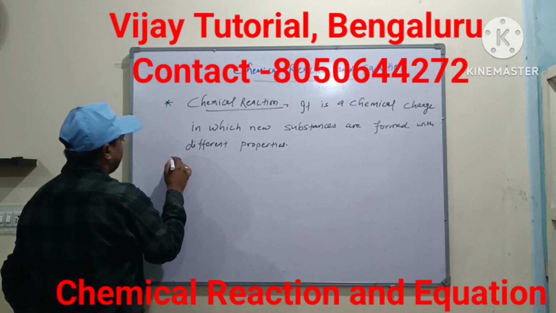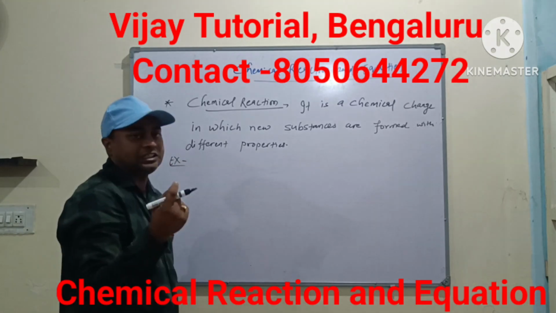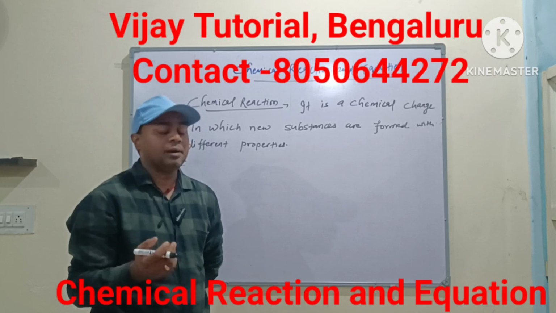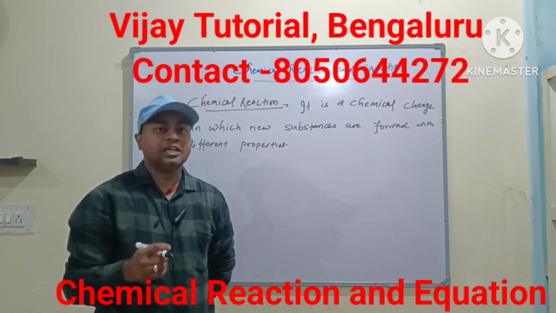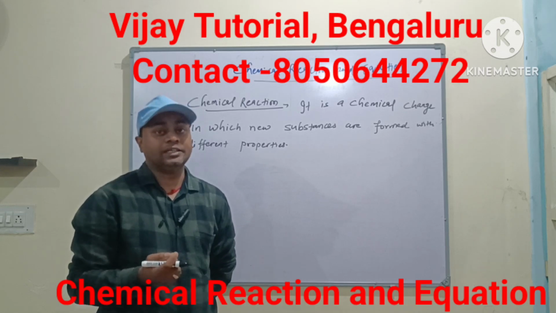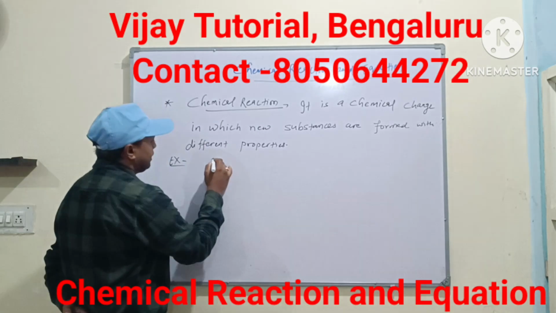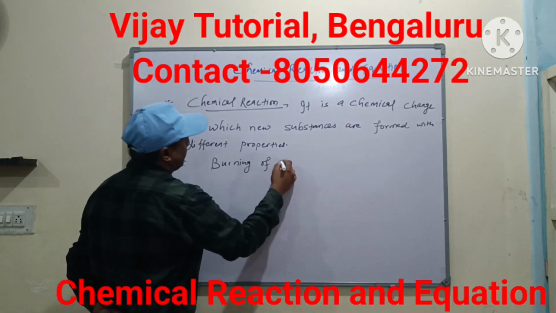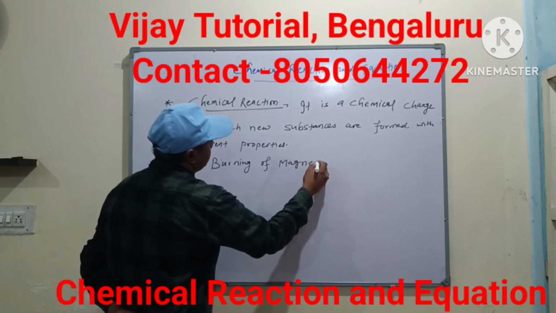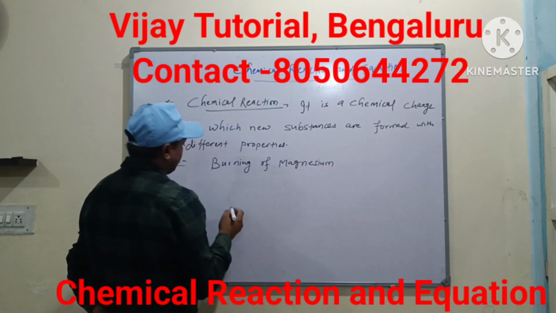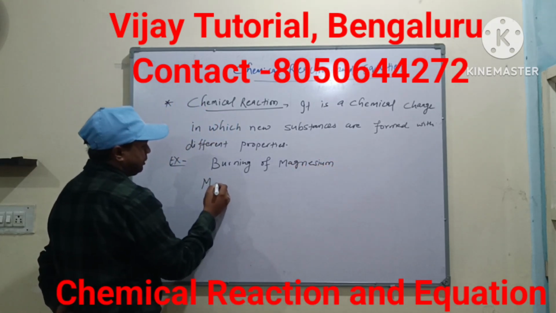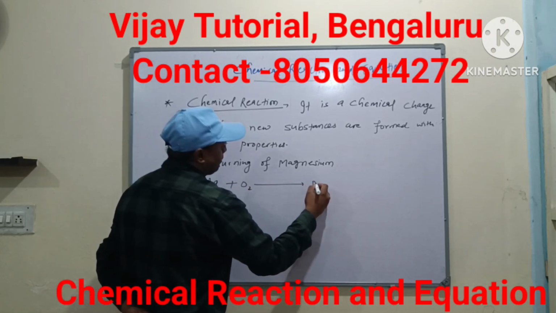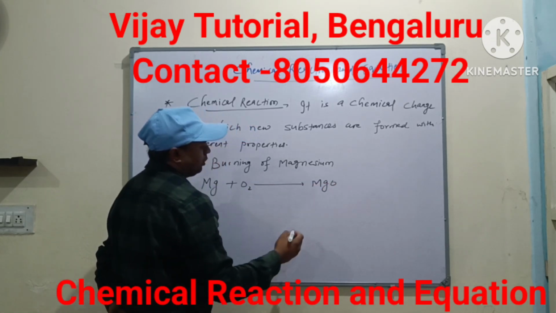For example, burning of magnesium. Magnesium is available in the form of ribbon, children. When you burn the magnesium in the presence of oxygen, it will give you magnesium oxide. So you can write the example: burning of magnesium. The magnesium symbol is Mg. It burns with oxygen and gives magnesium oxide, MgO.